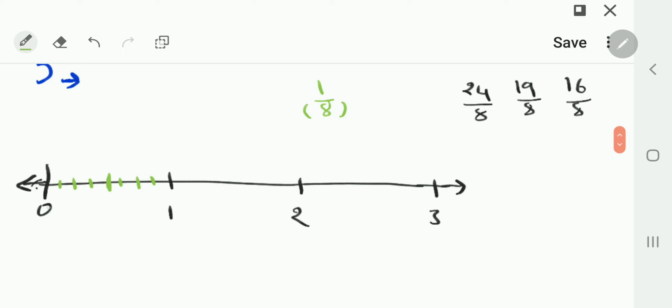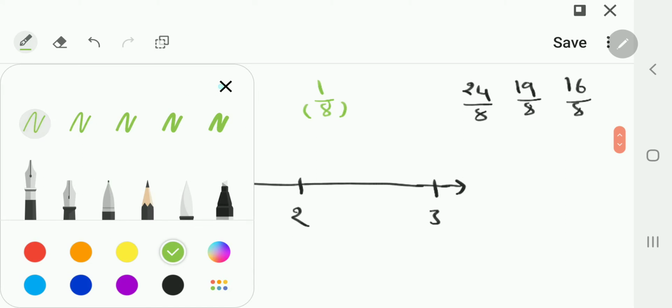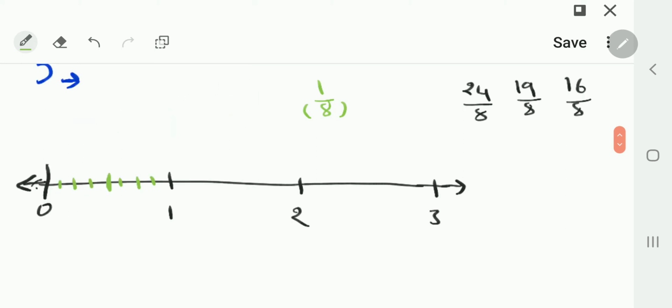So if I say 0 and then I put 1, okay, let's see. Very good. This is like 1. Okay, let me put it here. 1, 2, 3, 4, 5, 6, 7, and then for this one is eighth. Very good.